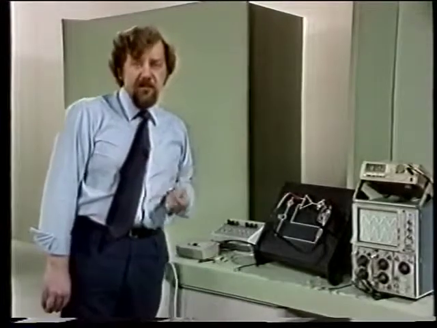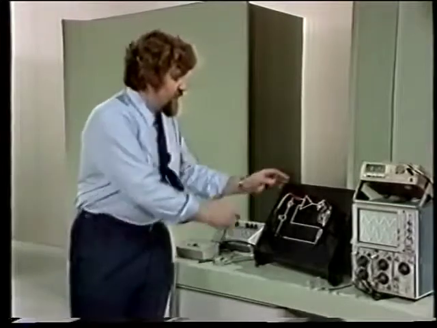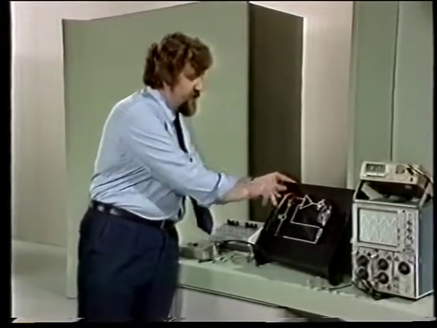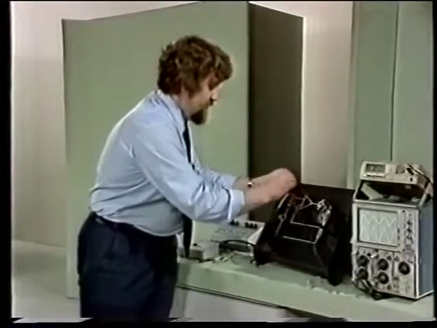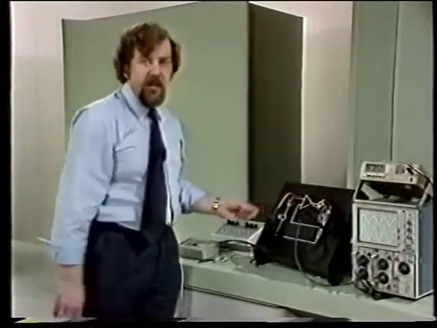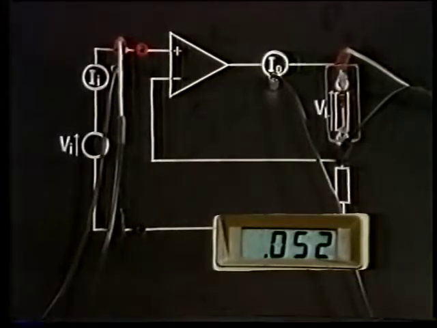Well, the voltage gain changes with load, but what about the current gain? Well, let's have a look. I can connect a digital meter here to measure the input current, and here to measure the output current. I've got a 100 ohm load, and the input current, well, we're reading in milliamps, so that's about 52 microamps.